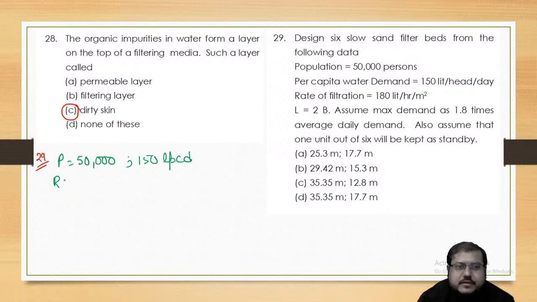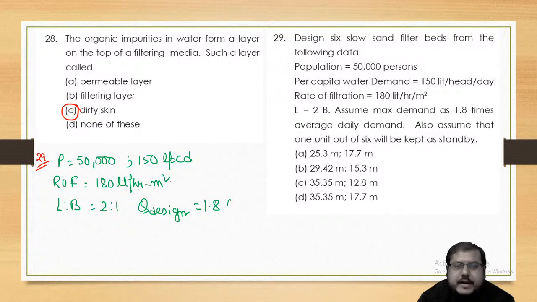Rate of filtration 180 liter per hour per meter square. L is to B is 2 is to 1. And Q design is 1.8 of Q average.